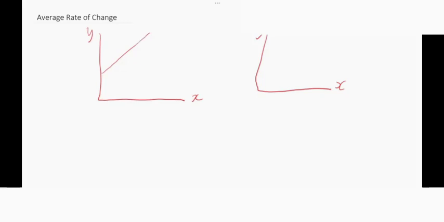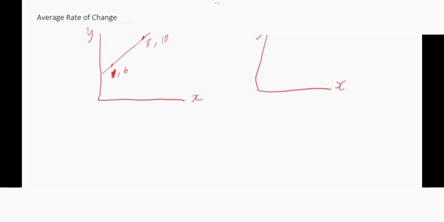So if we're going between point A and point B, say this is 5, so this is 6, so this is 1, 6, and then this is 3, I don't know, this, 10, 310 works. Let's say we're doing that, we've got an equation like this, so we're trying to figure out the average rate of change between these 2 points.